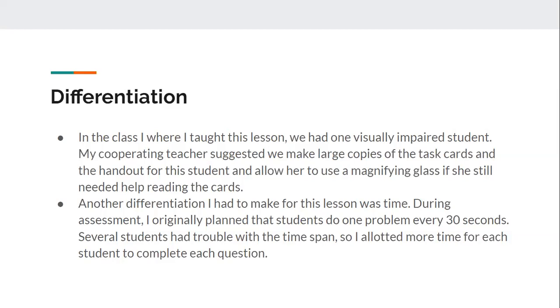So what I did was, instead of saying, okay, 30 seconds, I would say, okay, time to start. And I would just look around the classroom and observe. And when everyone was almost done, I'd say, okay, get ready to switch, and let those students know that time was running out. But I did a lot more time for the class in general so that everyone had more time to work on their problems.